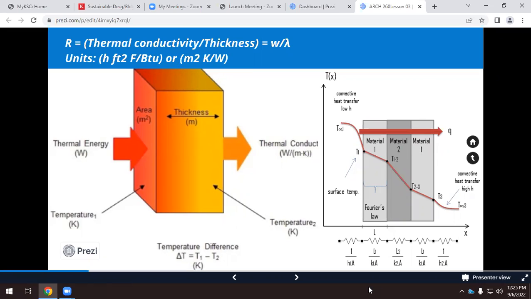Here. Okay, so all this is thermal insulation. We don't see this in our walls.